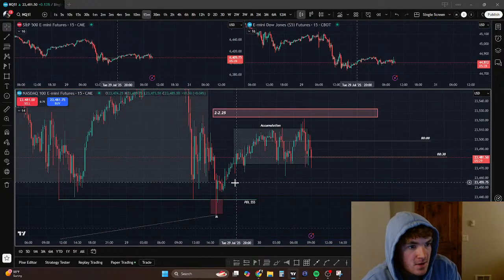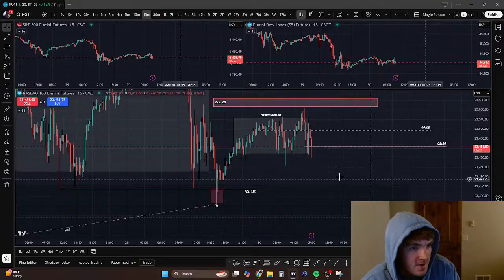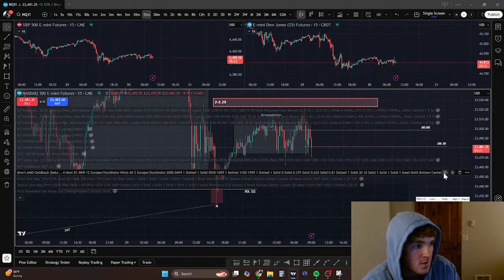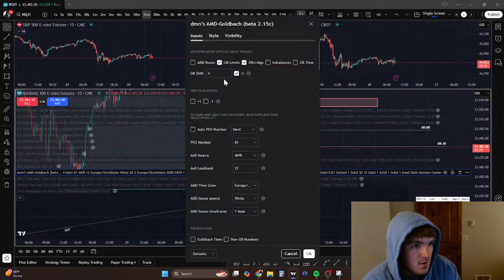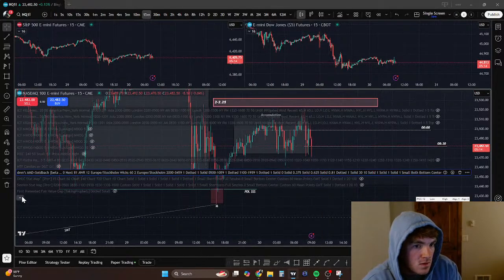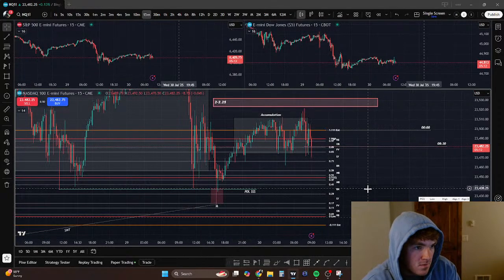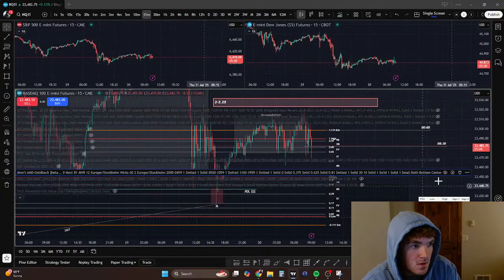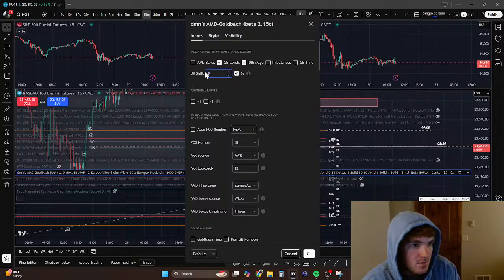I also want to see, we have a 15-minute fair value gap right here. I want to see if that aligns with Goldbach at all. We've got to move it up a range, so up one.